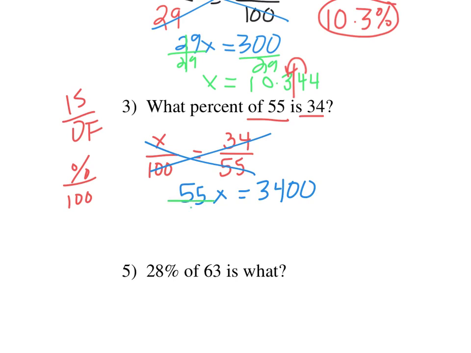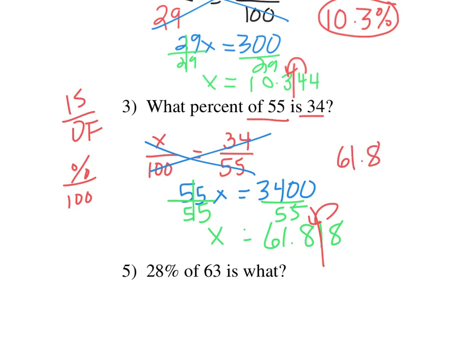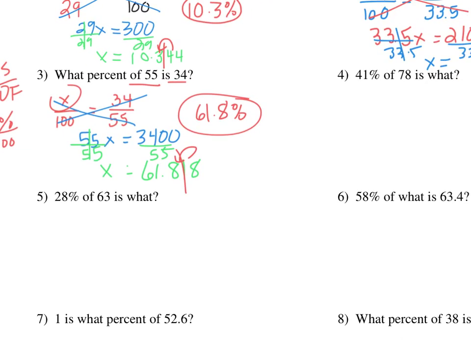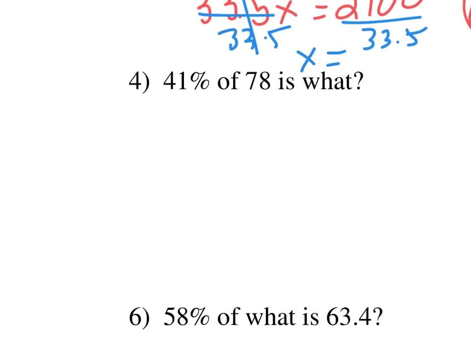Divide by 55 on both sides like you know how to do. And 3400 divided by 55 is 61.818. The 8 is in the tenth, the 1 can't round it, so it's 61.8%, because this is the percent spot. Somebody was asking me about that today.